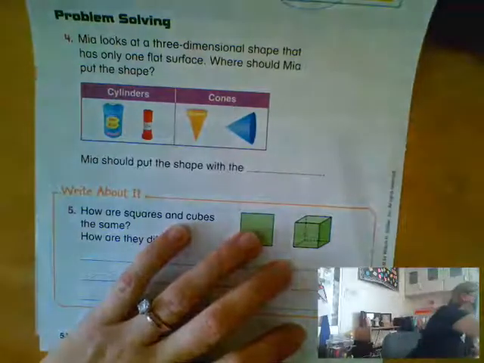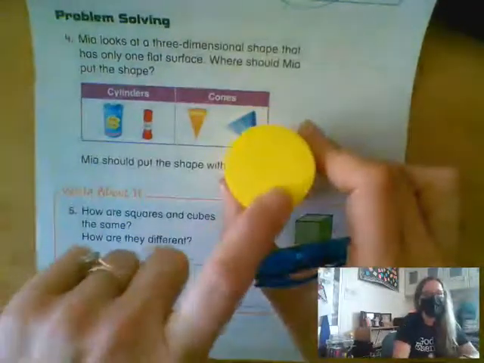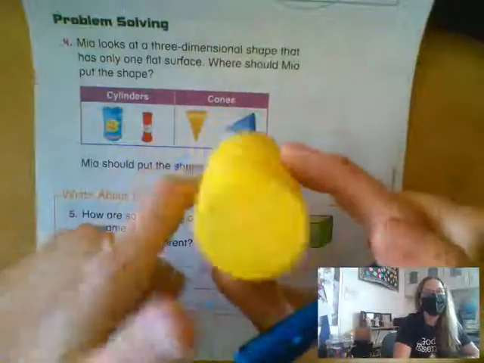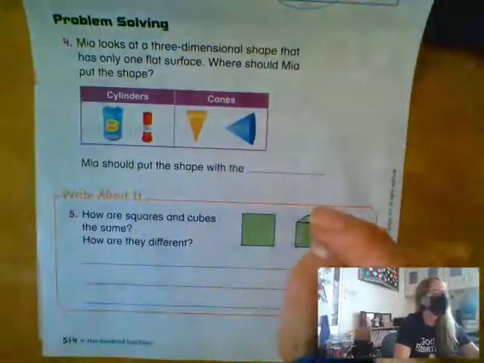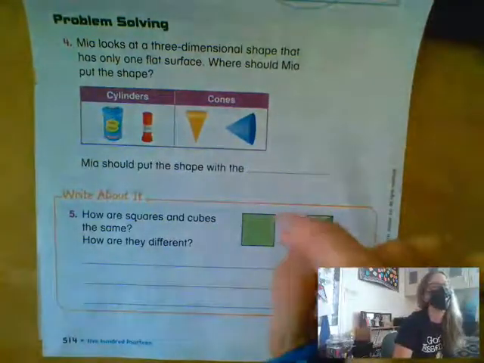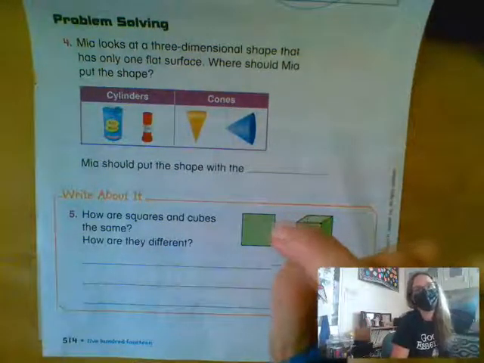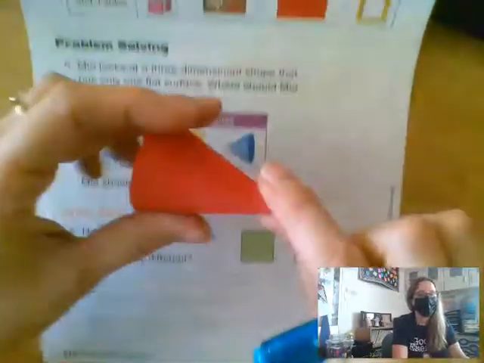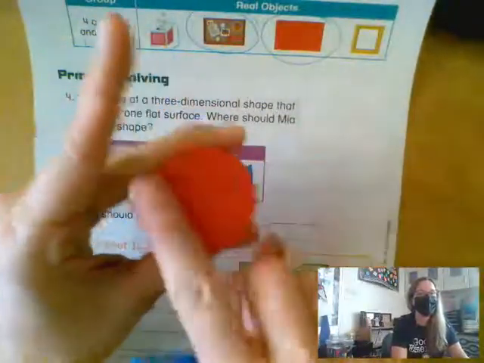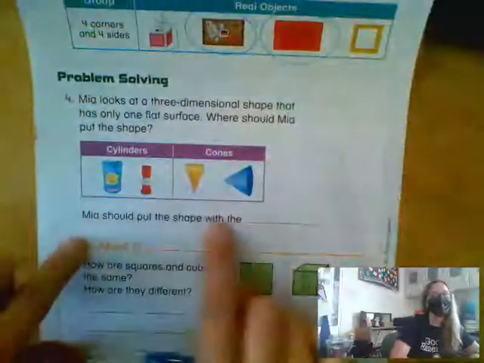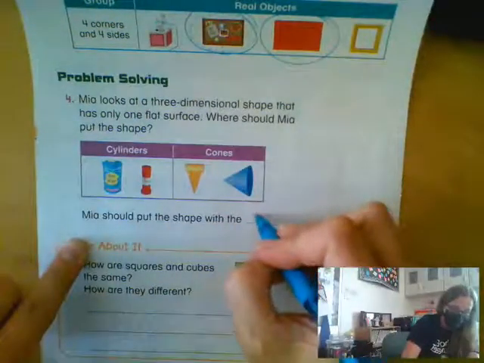Well, a cylinder has a flat surface here, and it has a flat surface here. So a cylinder actually has 2 flat surfaces. Mia's shape only has 1 flat surface. It's a cone because a cone has a curve and a point and only 1 flat surface. So Mia should put her shape with the cones.